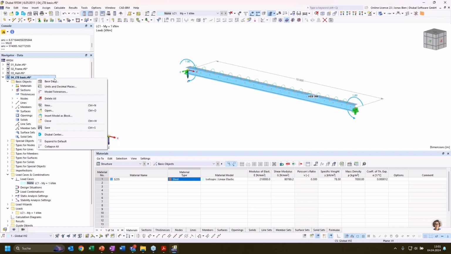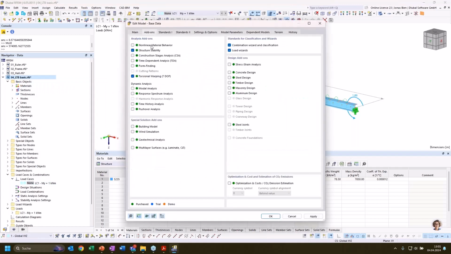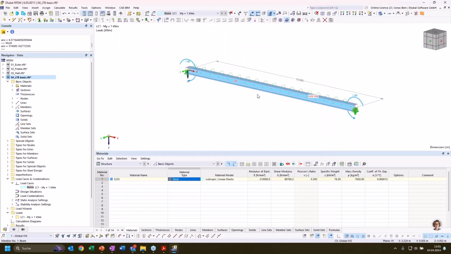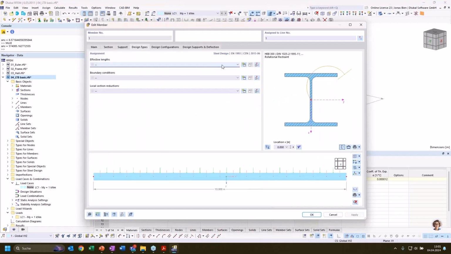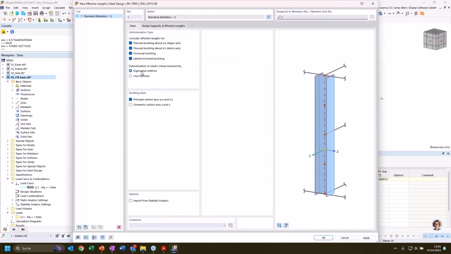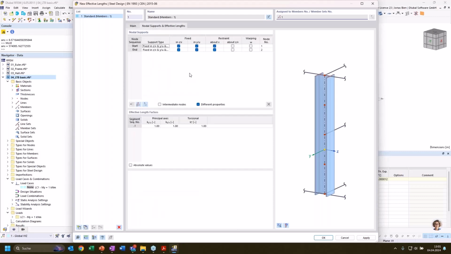So if we activate the steel design add-on, because we have a steel girder, and I now activate the lateral torsional buckling check according to the equivalent member method, we already see here that the default way of calculating the critical moment value is using the eigenvalue method.